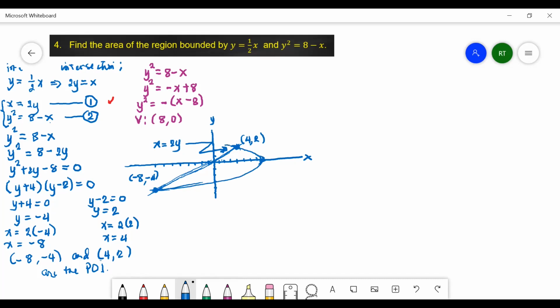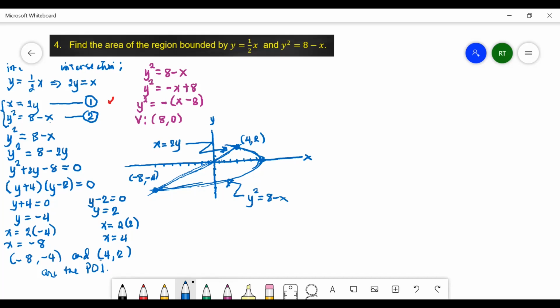So we have this parabola. Let us label this as the parabola whose equation is y squared is equal to 8 minus x.